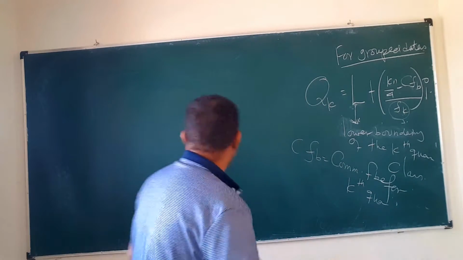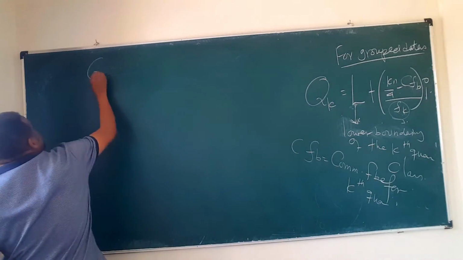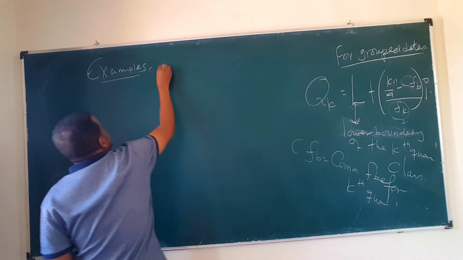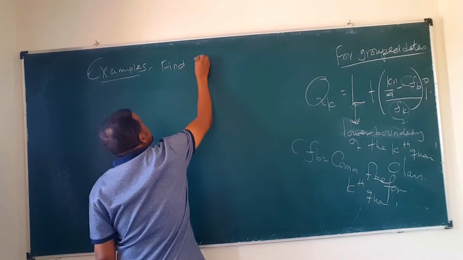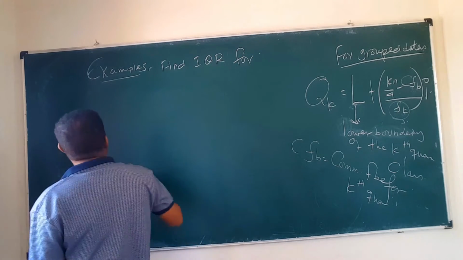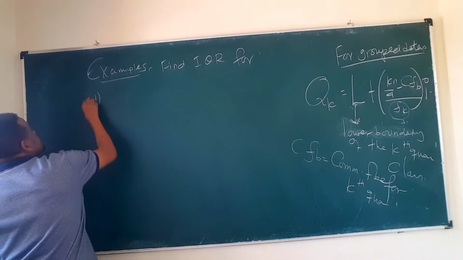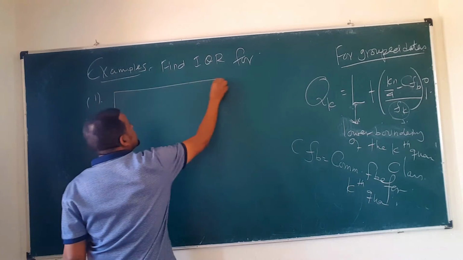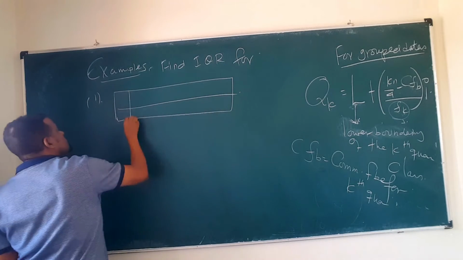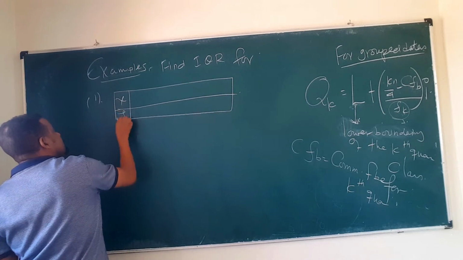Let's do an example. Find the interquartile range for grouped data. Say, for example, these are the values and these are the frequencies.